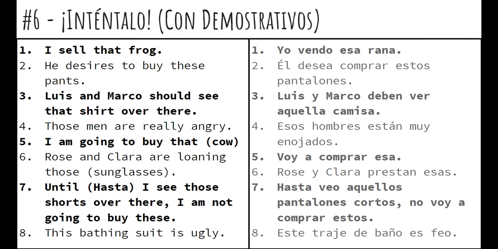Número 5, voy a comprar esa. Número 6, Rose y Clara prestan esas. Número 7, hasta veo aquellos pantalones cortos, no voy a comprar estos. Número 8, este traje de baño es feo. El fin.